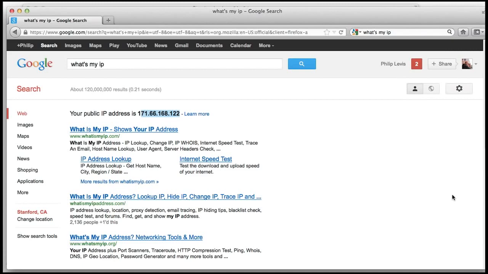And the external interface of the network address translator is 171.66.168.22. So when I issue a connection request to Google servers, this is the IP address they see. And they send packets back to this IP address. When the NAT receives those packets, it then translates them back to my own private local IP address, forwards those packets, and the connection is set up. So these are everywhere, and you should probably try this at home.